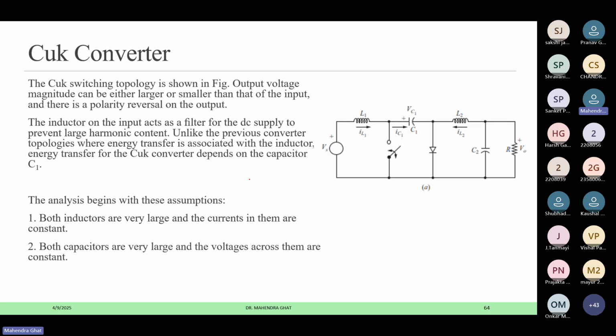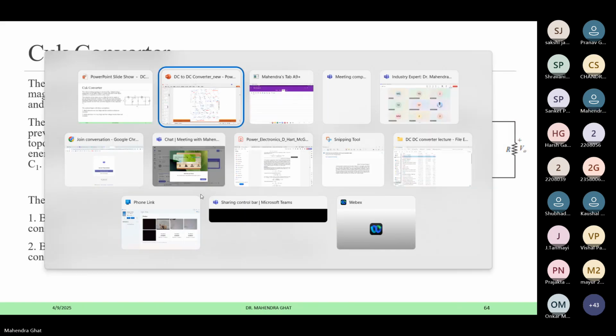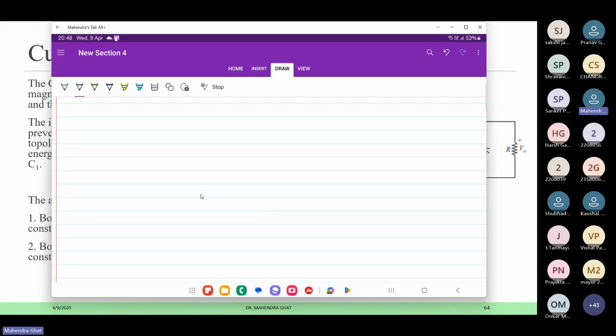Let me draw. So this is the boost converter I am drawing.